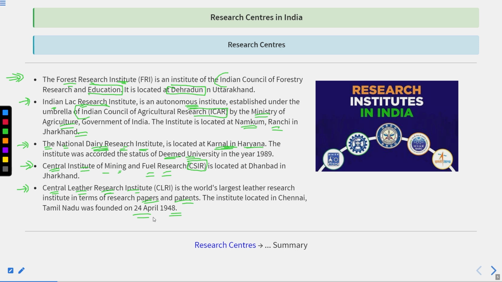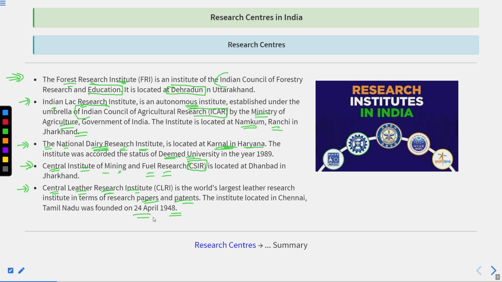So basically, we know the textile and leather sector has been an important part of India's trade and all. Okay. So in order to further develop this, we established the leather research institute also, like the Central Leather Research Institute.